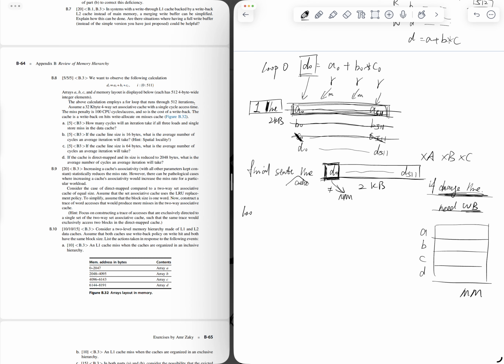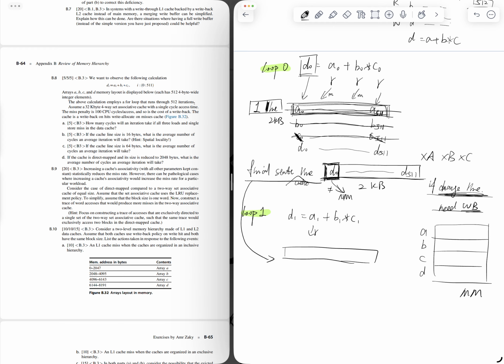Here we will go to the next loop. Previously we were in loop 0, and here we are in loop 1. In loop 1, we also want to do D1, so we want to find A1, B1, and C1. So we want to read A1. Is there an A1? No, because the final state is here.